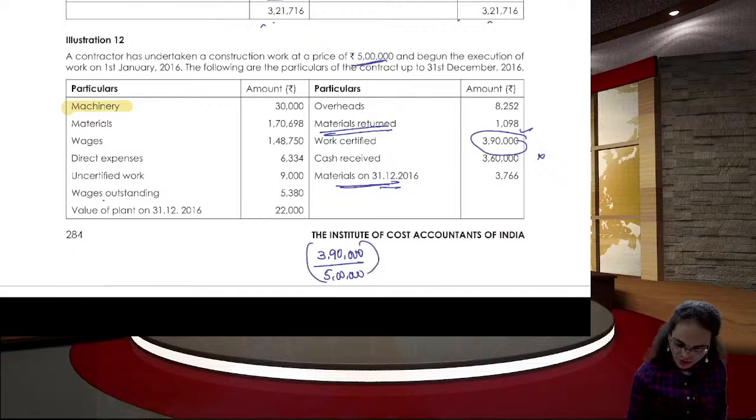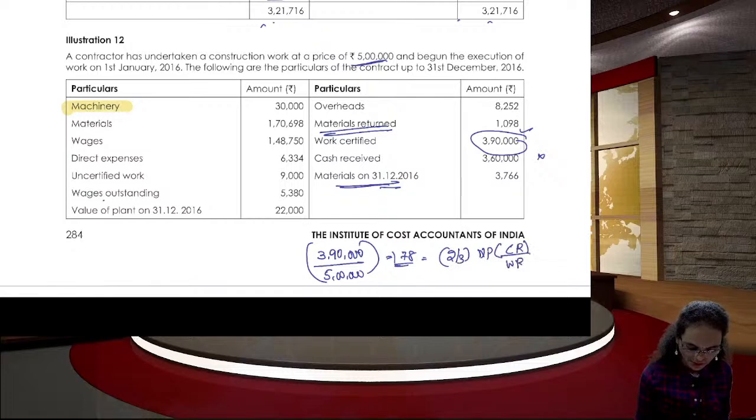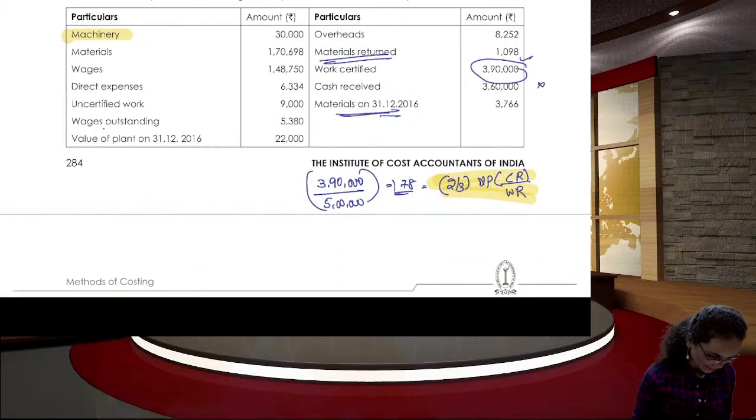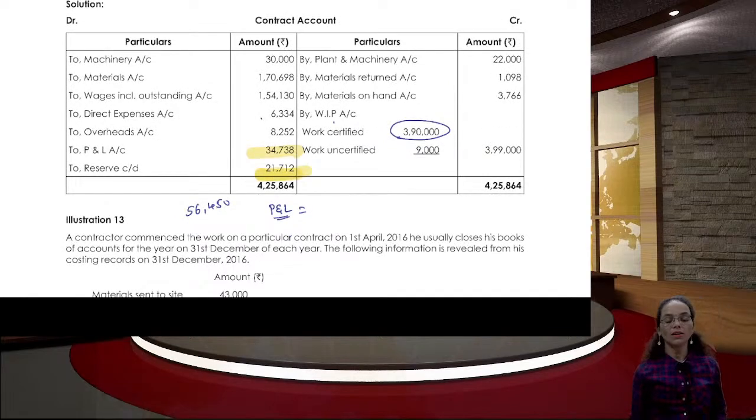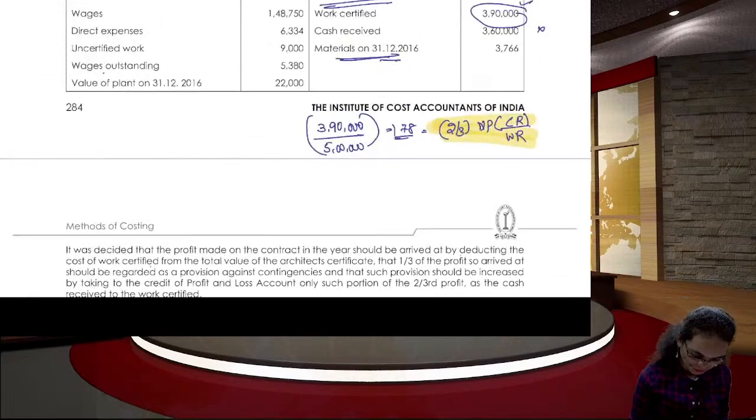The percentage is how much? 3,90,000 divided by 5 lakhs is 78%. So then you take 2/3 of notional profit into cash received by work certified. If you substitute that in this formula, you will get this answer.